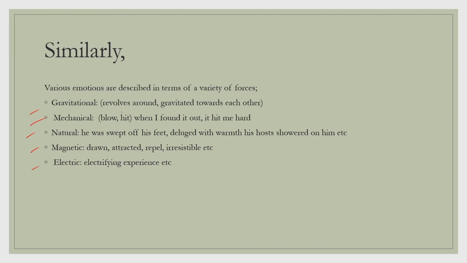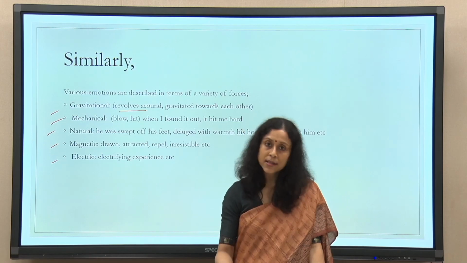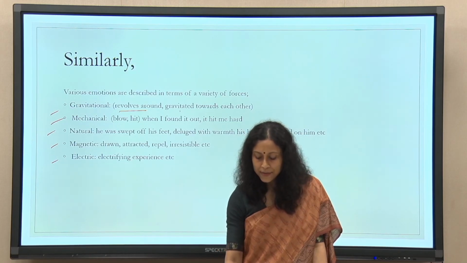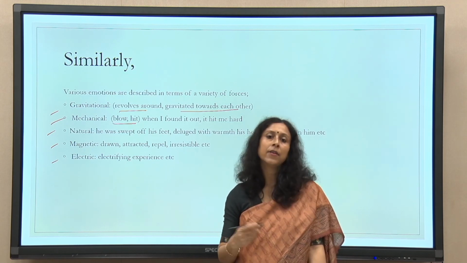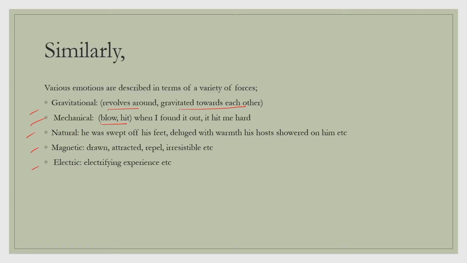When we use gravitational force as the type of force, then we have words like "revolves around my life," "revolves around this," and "gravitate towards each other." For mechanical force, you can use words like "when I found out, it hit me hard." Natural force: "he was swept off his feet," "deluged."